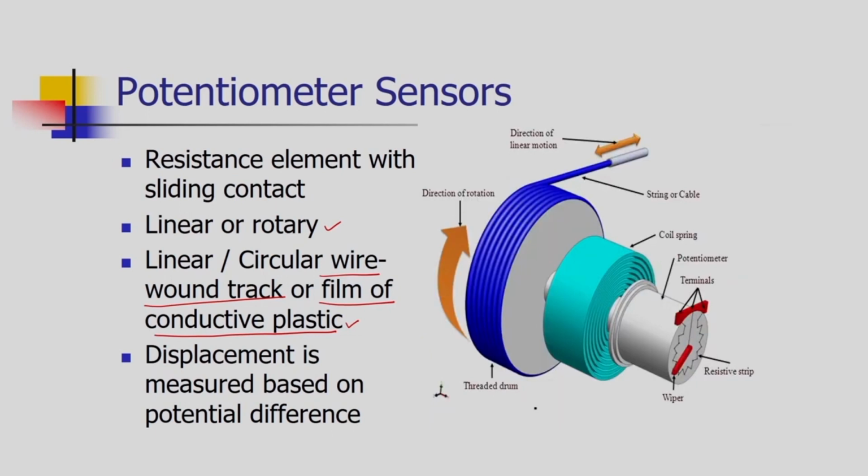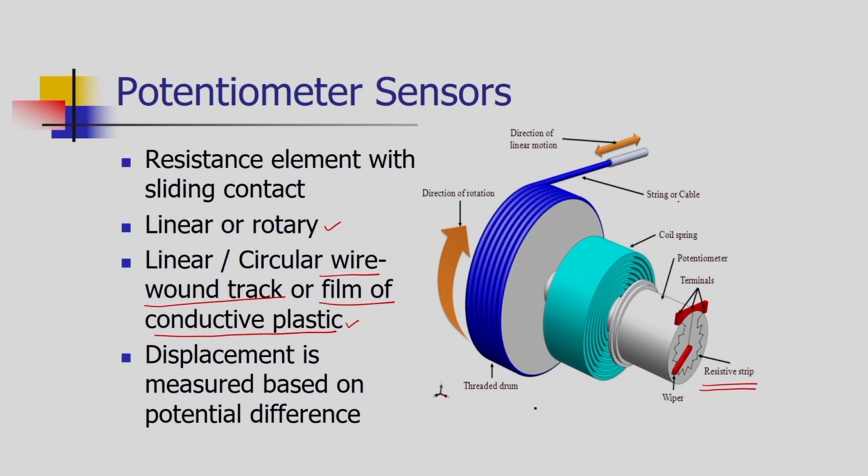A typical application of a potentiometer sensor is shown on the screen. Here we need to measure the linear displacement by using a rotary type potentiometer sensor. For that purpose, we are using a string or a cable.